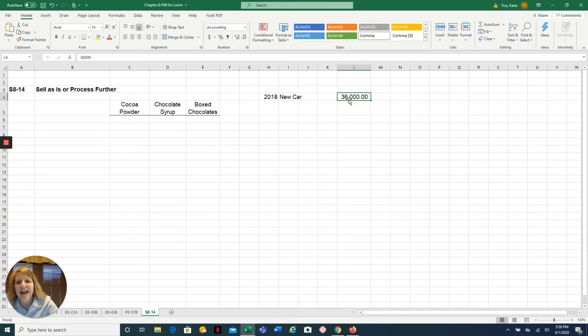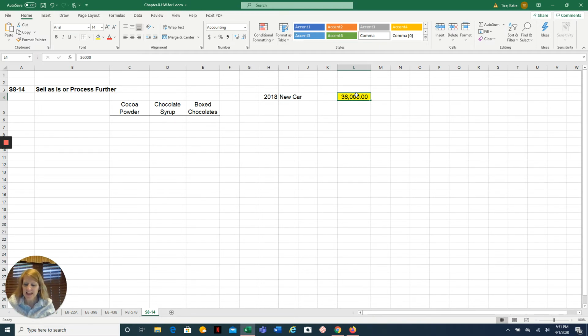This $36,000 is actually a sunk cost, so it's not relevant to the decision to trade in or to not trade in. Instead, the cost that would be relevant would be the trade-in value of this car. Another relevant cost would be the cost of a new, less expensive car that you would be looking at. But again, a sunk cost is a cost that has been incurred in the past that cannot be changed regardless of future action.